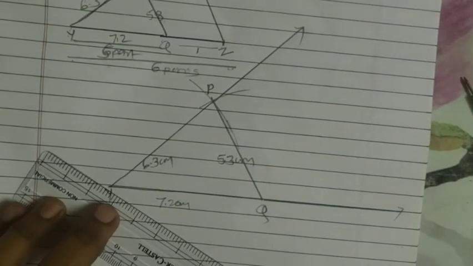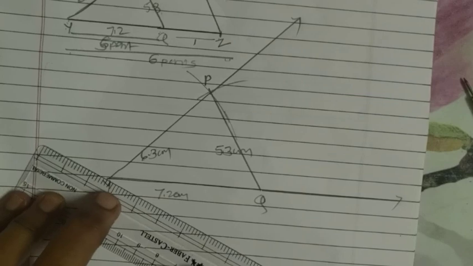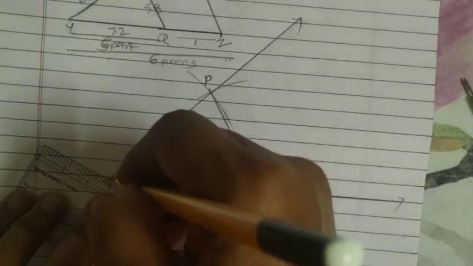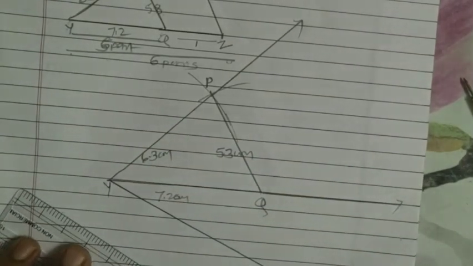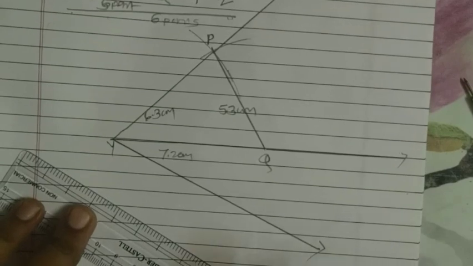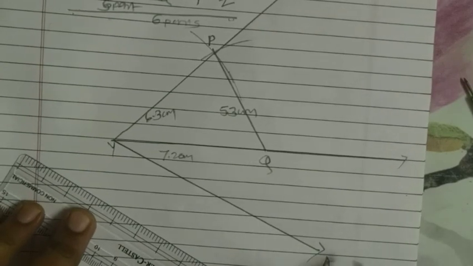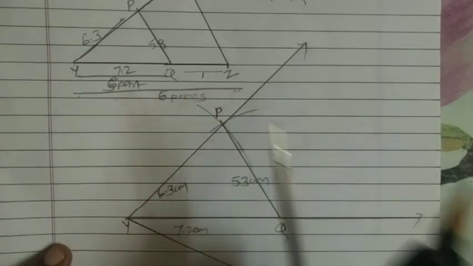For the next step we have to draw an acute angle making a ray this way. Suppose that is ray YA. Now here we have to make totally 6 parts.